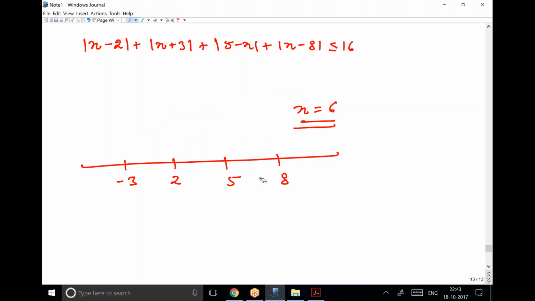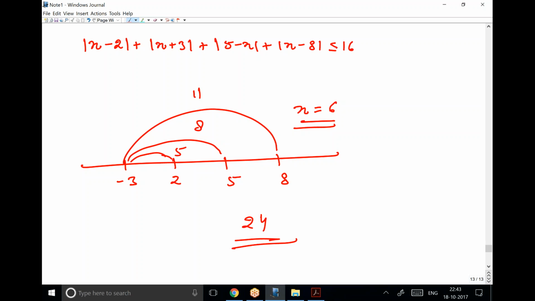Right? So from here to here, how much distance have they covered? 11. From here to here, this is 8, and from here to here, this comes out to be 5. So 11 plus 5 plus 8 is 24. So 24 they have already covered. So when 24 is already covered, we take the right-hand side now.